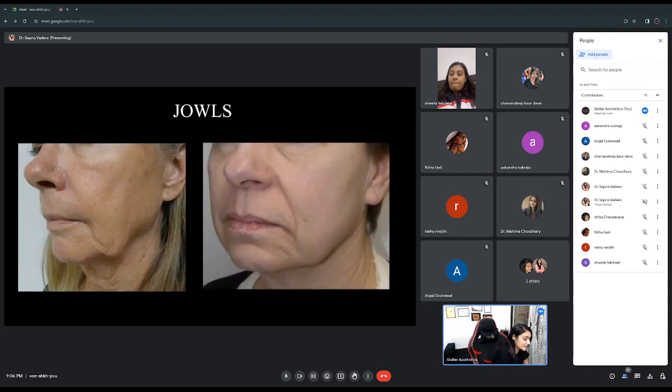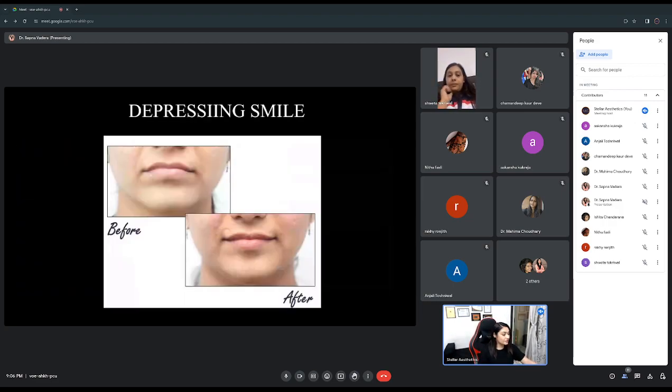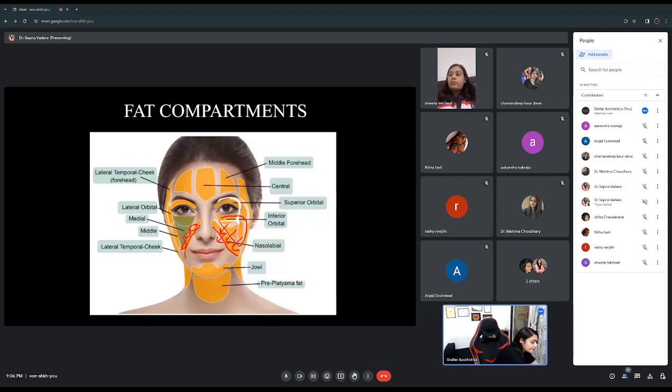Jowls. These are jowls. Can you all see? Now what are jowls? Jowls is all this fat compartment, because I told you it goes downwards, medially and inwards.